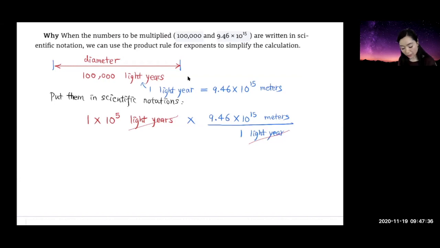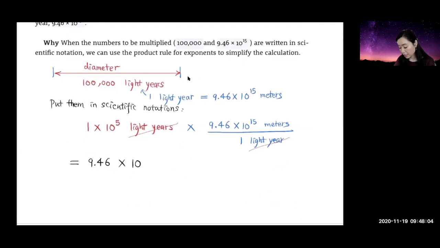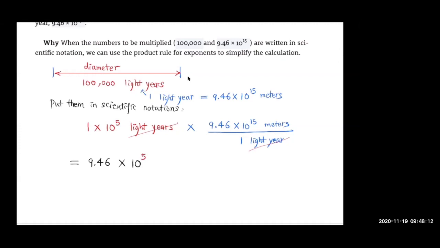Now to do that, you multiply this number, 1 times 9.46, so that is 9.46, times 10 to the what power? We have this exponent over here, it is 5, and then you're adding the 15.